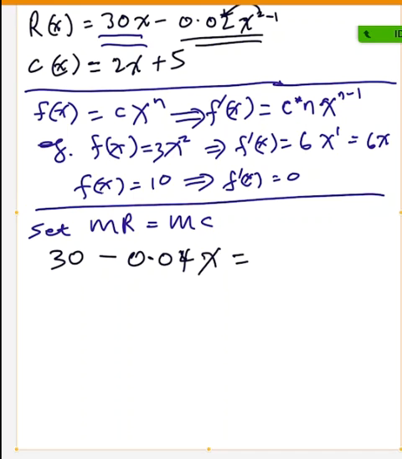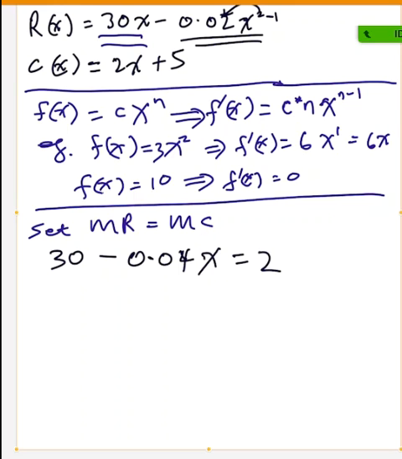Marginal cost here is going to be 2 plus 0, because this is a constant. The derivative of a constant is equal to 0. Let's say y is equal to 5. What is the slope of such a function? Well, it is 0. If you just have y equals 5, there's no slope. It's just some constant.